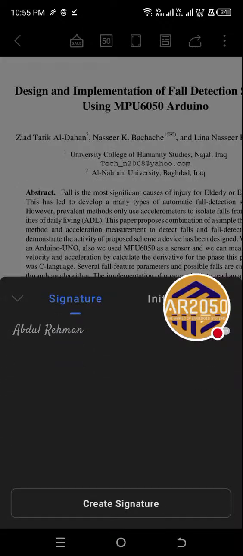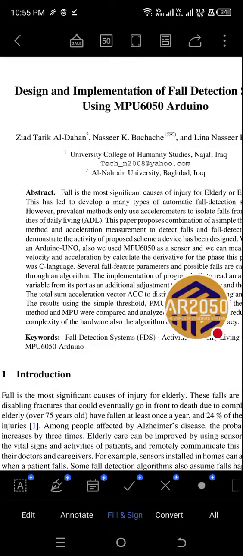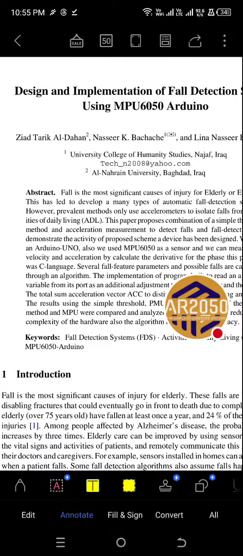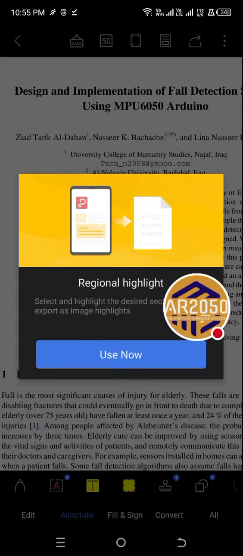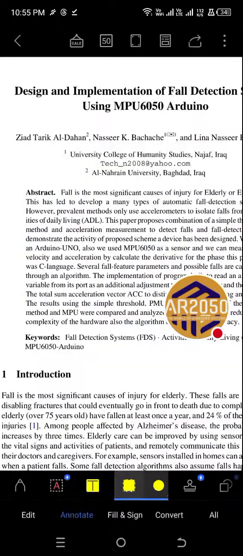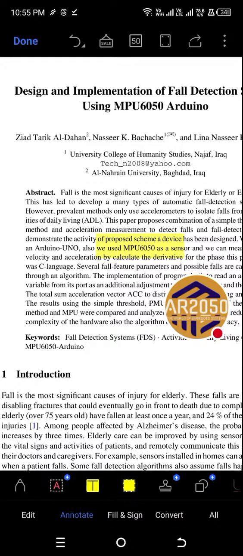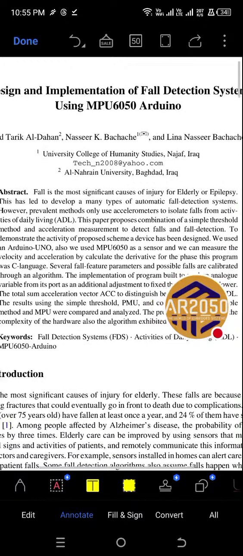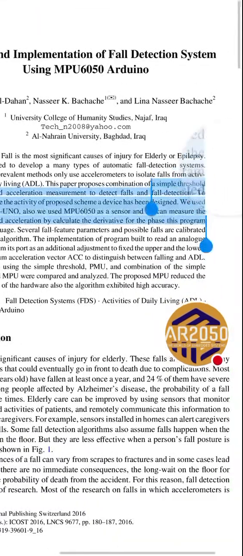Mm, no, not that. Yes, maybe this annotation tool is going to work. So it's for fall detection. Nah, undo. It is going to a simple threshold.